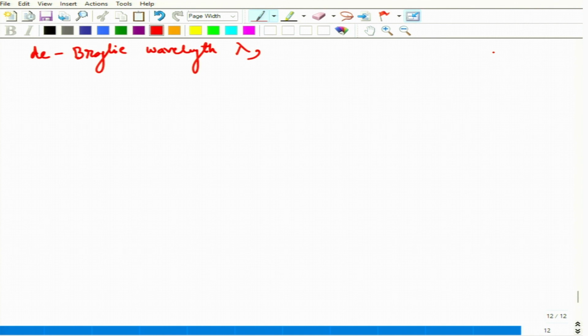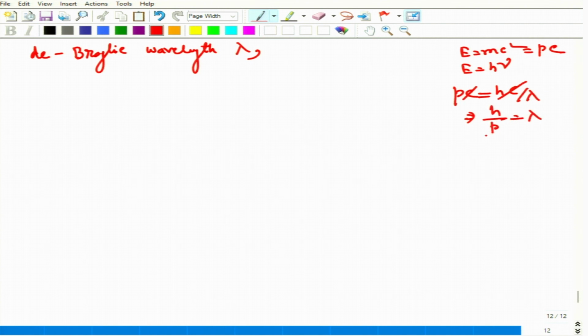If you remember, E equals mc square, you know, E equals h nu, you know, then equate these two for anything, then it is actually p into c, and it is again c by lambda, then h by p equals lambda. Yes. So it is correct. So h by p equals lambda, this is the de Broglie relation.